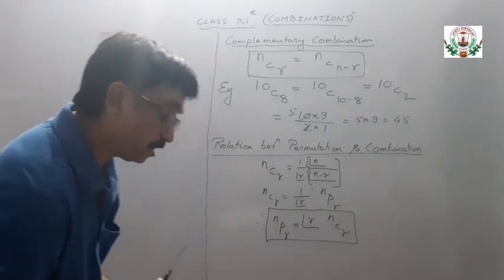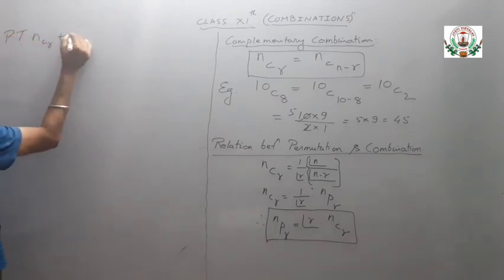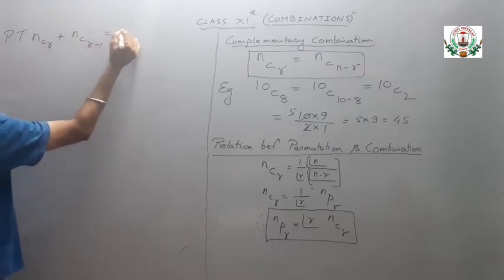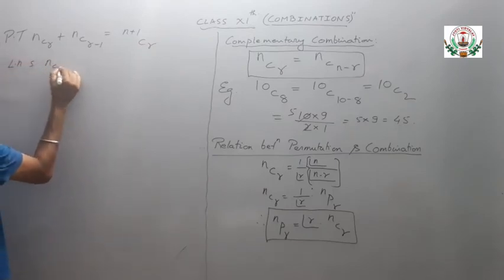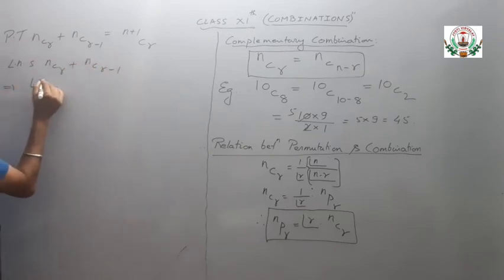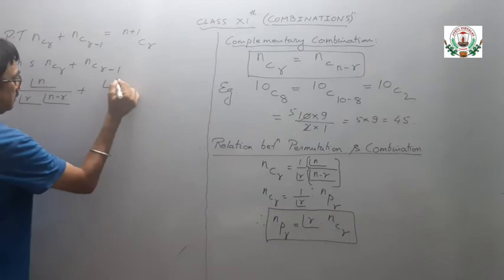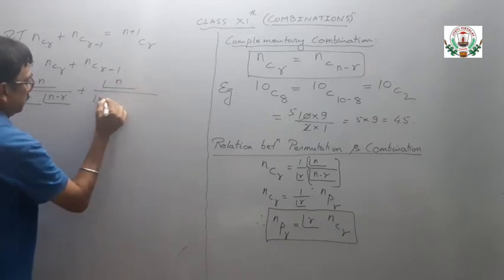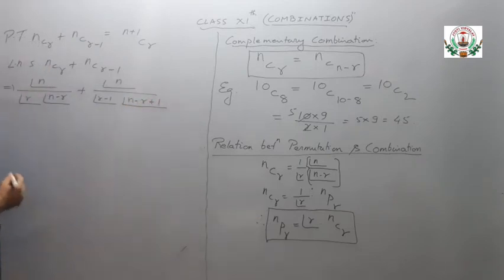Prove that nCr plus nC(r minus 1), it is the most important, nCr plus nC(r minus 1) equals (n plus 1)Cr. So LHS is nCr plus nC(r minus 1). nCr is factorial n upon factorial r factorial n minus r, plus factorial n upon factorial r minus 1 factorial n minus r, sign change, plus 1.